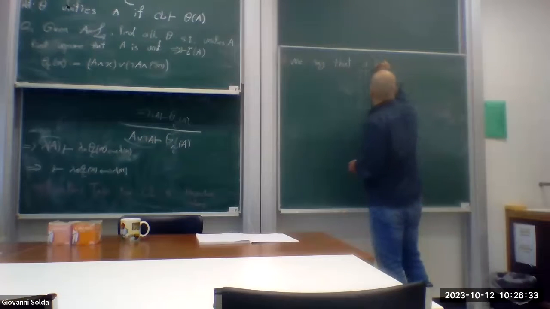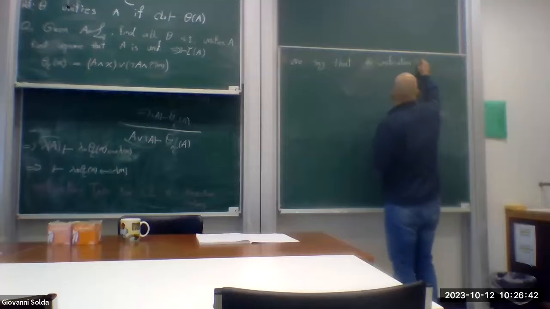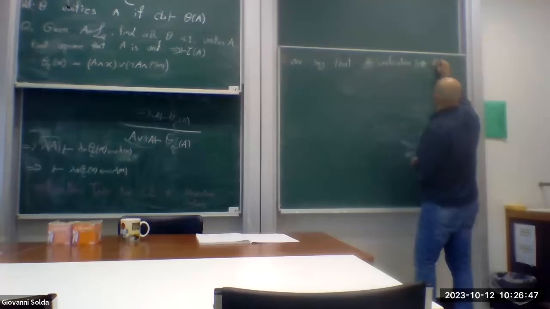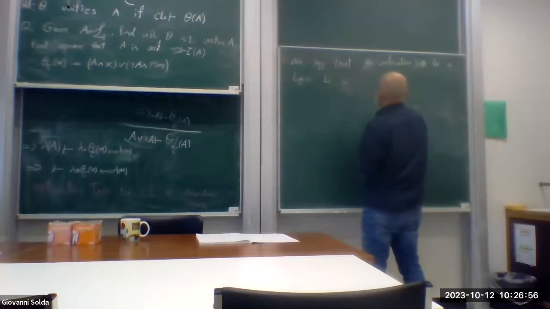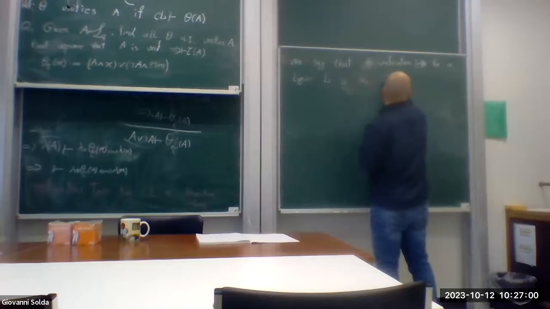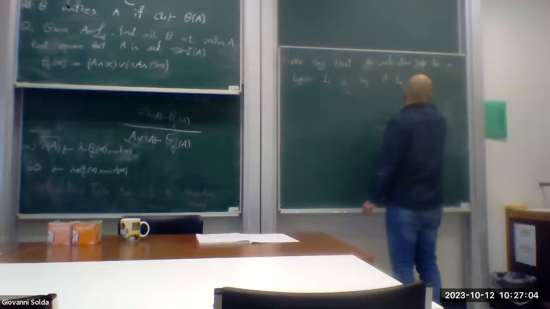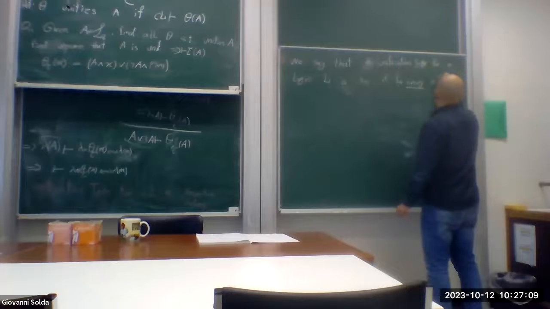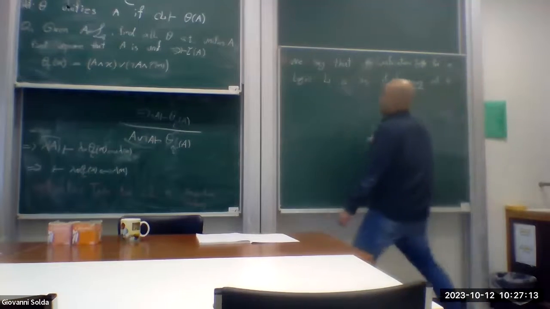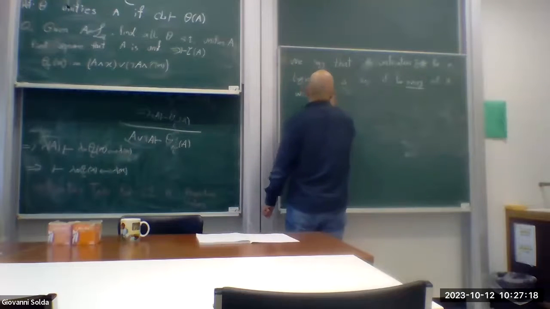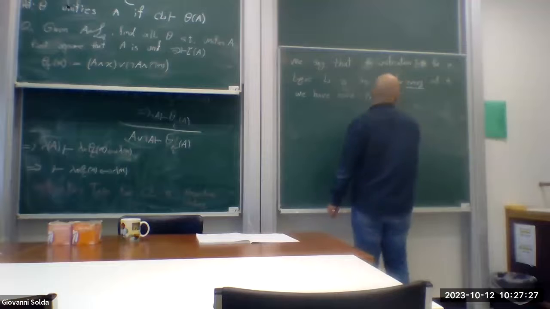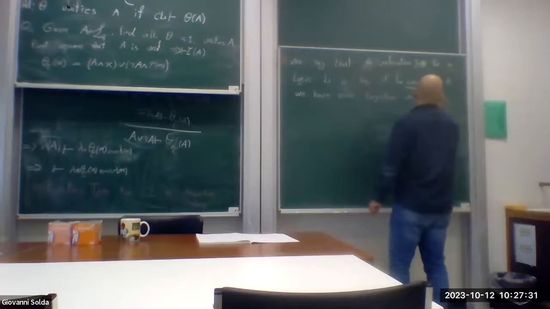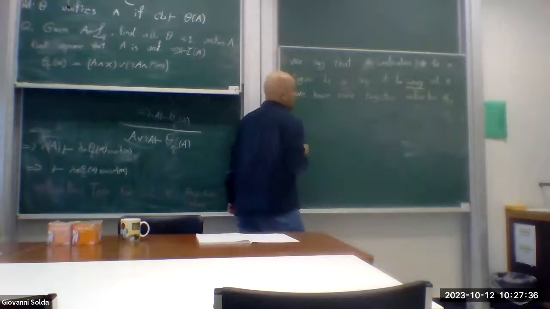We say that the unification type for a logic L is projective if for every unifiable A, we have some projective unifier for A. What does it mean by projectivity?